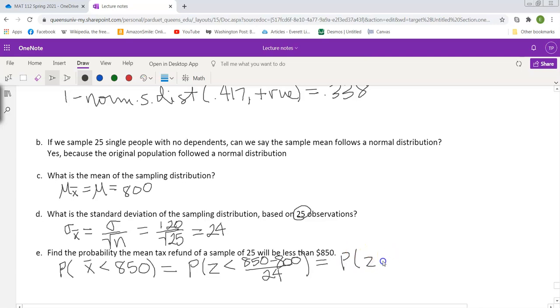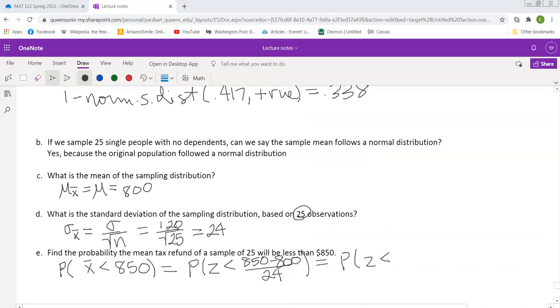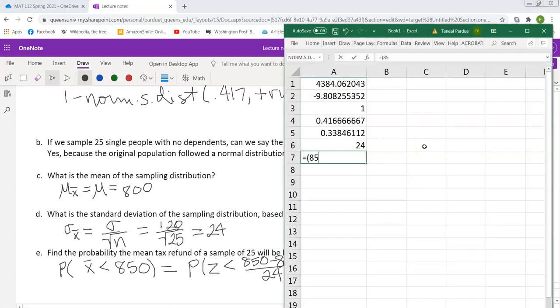So this is the probability that z is less than 850 minus 800 over that 24, and we get 2.0833.